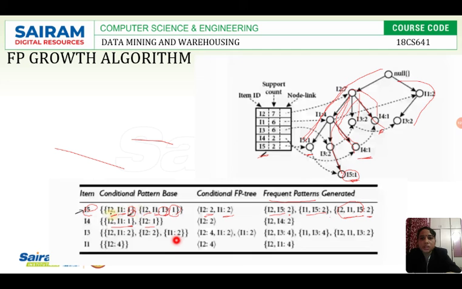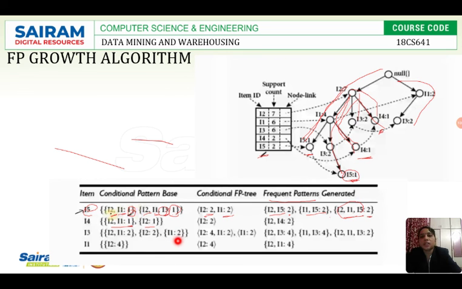Then here I1 is occurring together with the I2 and I3. So here we have mentioned as 2 and separately we have to write this I1. Why we are writing separately? Because this I1 is occurring only with the I3, not with I1, I2 and I3.